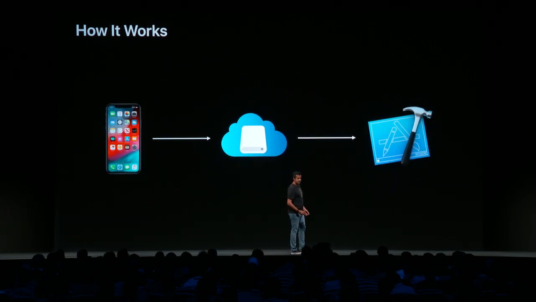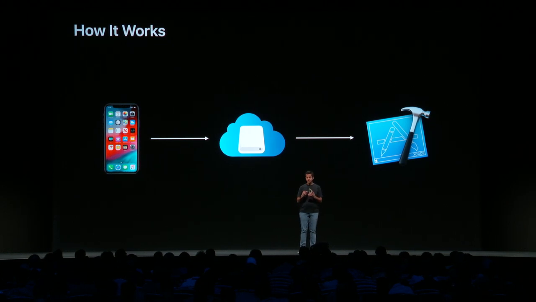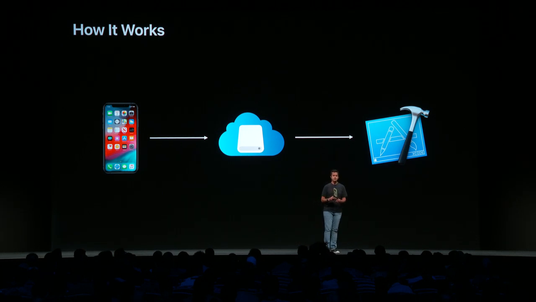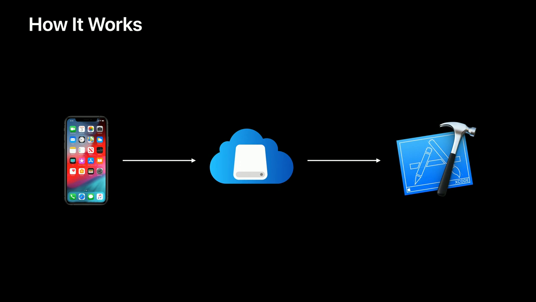The way it works is, when a user uses your app, we collect metrics around your app. These metrics are aggregated on device and then sent over to our server. On the server side, we run analytics on this data and extract insights. These insights are what show up in Metrics Organizer.